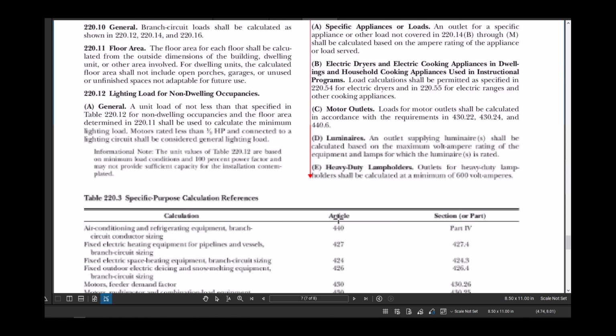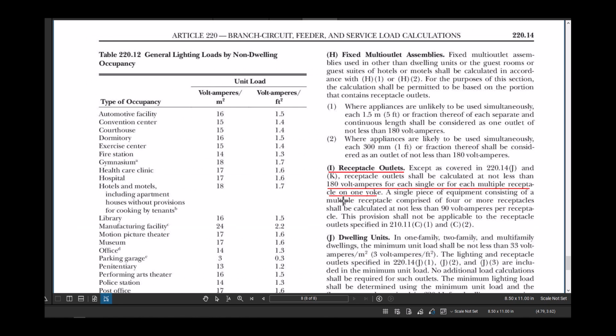When you read through, you get to this point, which is (I) receptacle outlets, except as covered in 220.14(J) and (K), receptacle outlets shall be calculated at not less than 180 volt-amps for each single or for each multiple receptacle on one yoke.